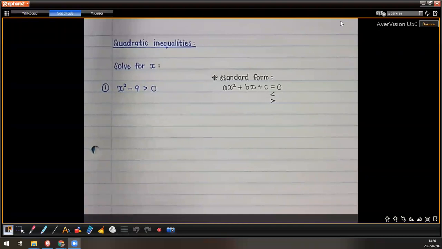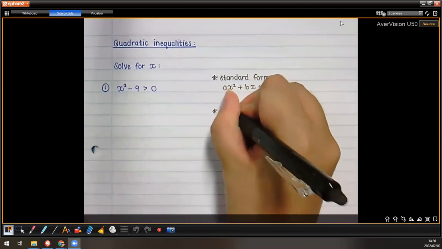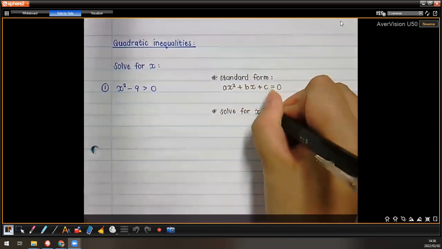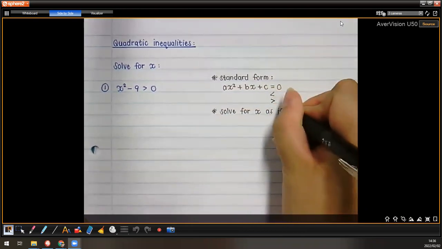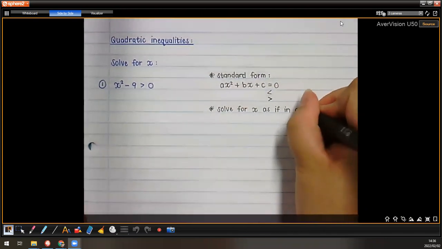Right? Now from here, for the next step, you are going to treat this as if it's an equation. All right, it's an in-between step. Not going to get us to our final answer yet, but the second step is solve for x as if in an equation.